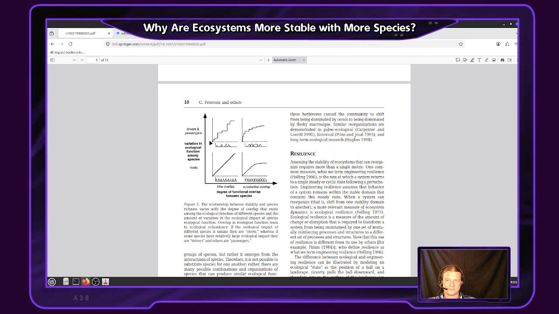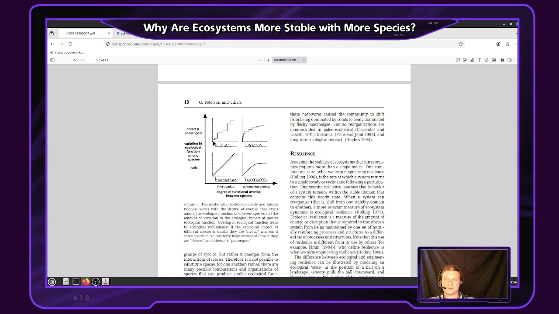So as you add more species, is that what this means? Let's see. Okay, so the x-axis here is species richness. The y-axis is variation in ecological function.